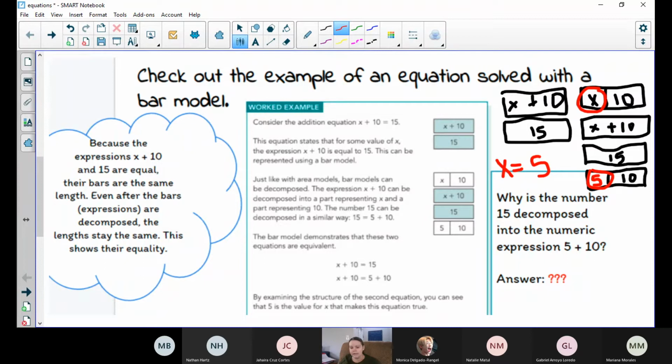So why did we decompose 15 into 5 plus 10? Why did we do that?